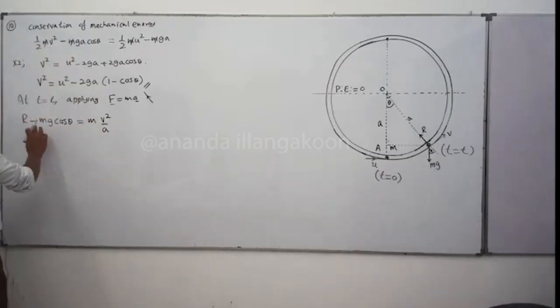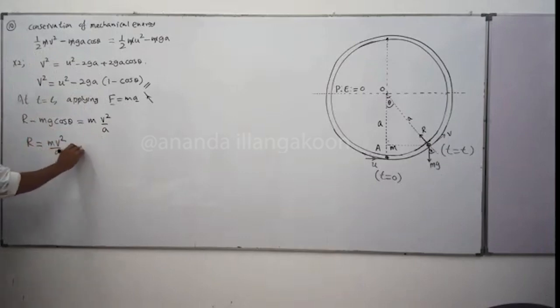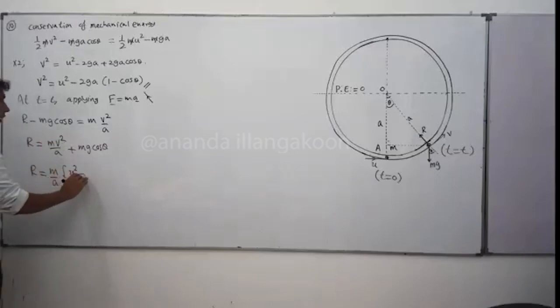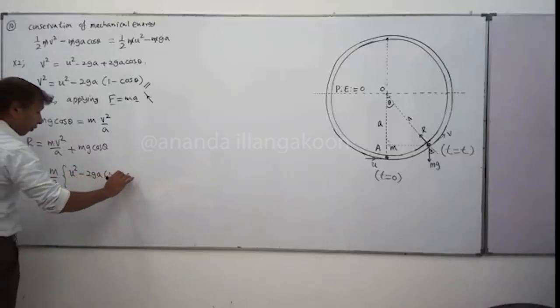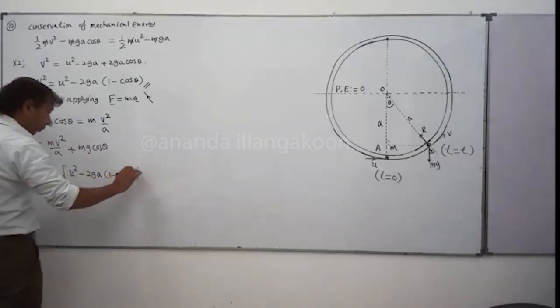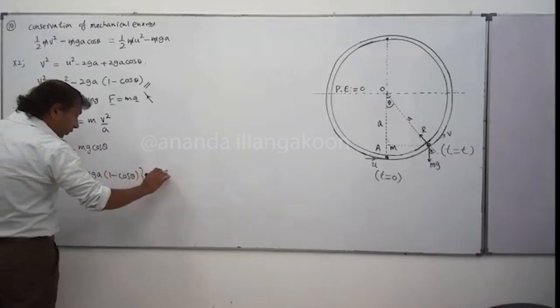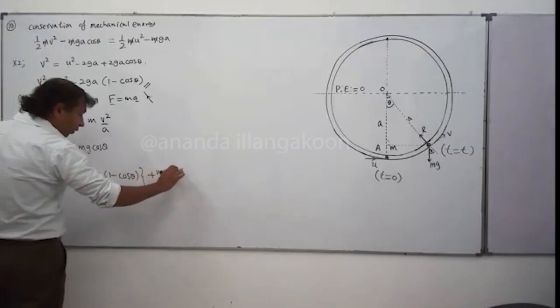Now, take the right hand side: R equals m v squared upon a plus m g cos theta. Substitute for this v squared by this: m upon a times (u squared minus 2ga(1 minus cos theta)) plus m g cos theta.